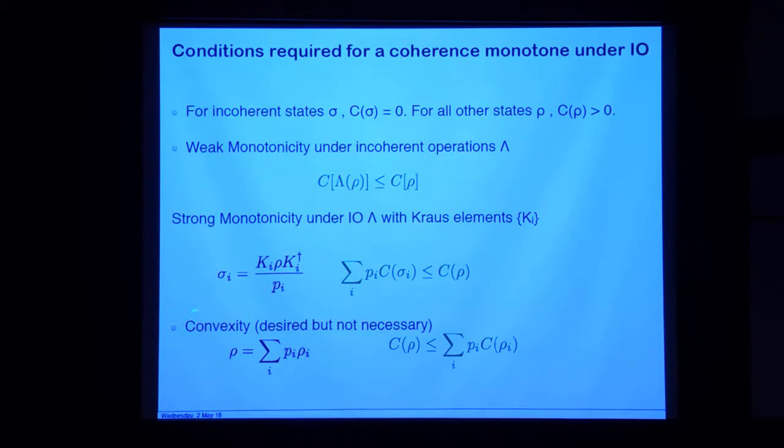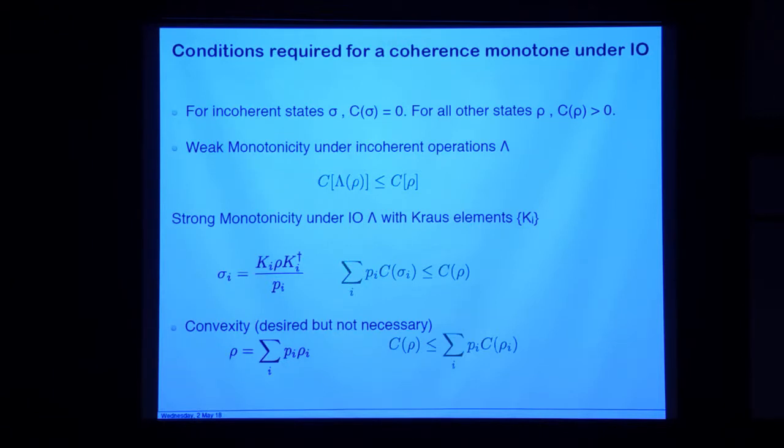And the final desirable property is that for any density matrix rho, C(rho) should be convex, that is, it should be bounded by the sum over i of p_i C(rho_i). So any object that you can identify and prove satisfies all these properties, you can say is a valid measure of quantum coherence.